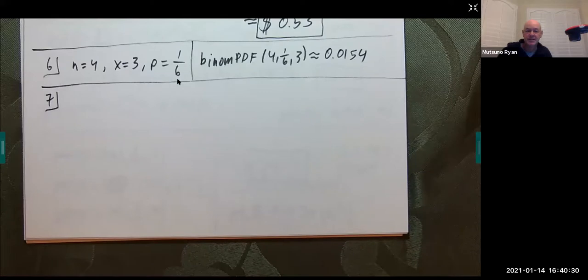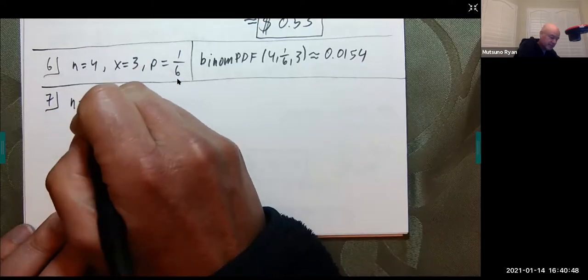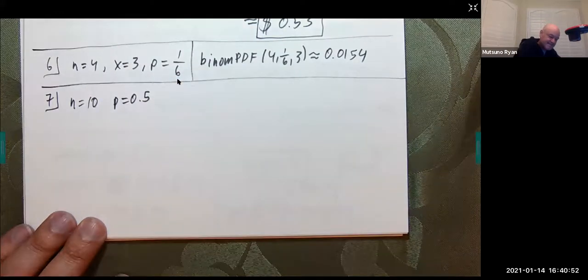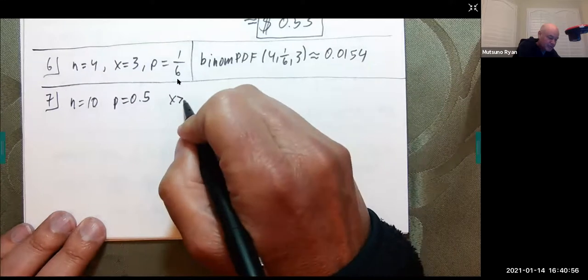To pass the test, a student must answer at least 6 questions correctly. If the student guesses on each one, that means the probability is 0.5. What is the probability that the student will pass the test? So in this case, we have that n is 10, p is 0.5, x is bigger than or equal to 6.